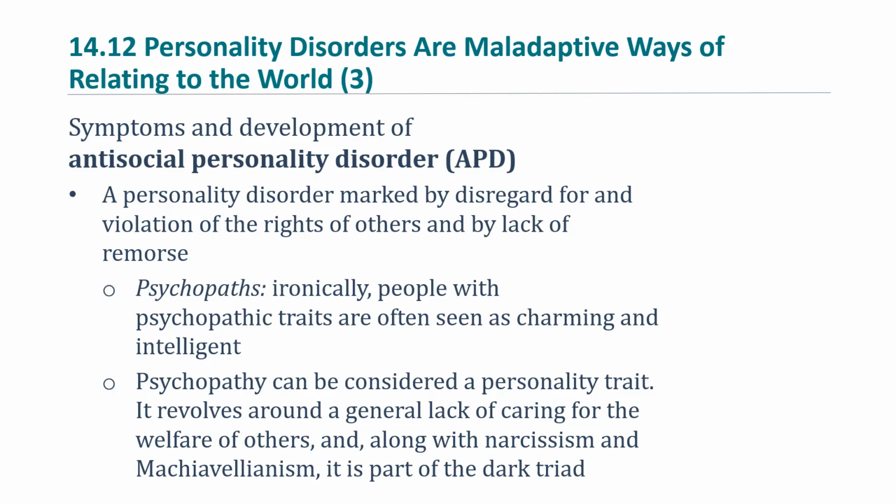And by the way, people sometimes ask in class, what's the difference between psychopath or sociopath or antisocial personality disorder? All basically the same thing. An expert could point out maybe some technical difference between one or the other, but they're really the same thing. They're just different names.